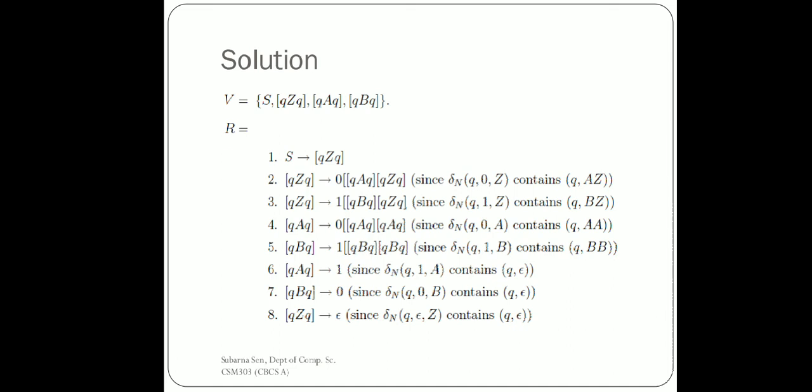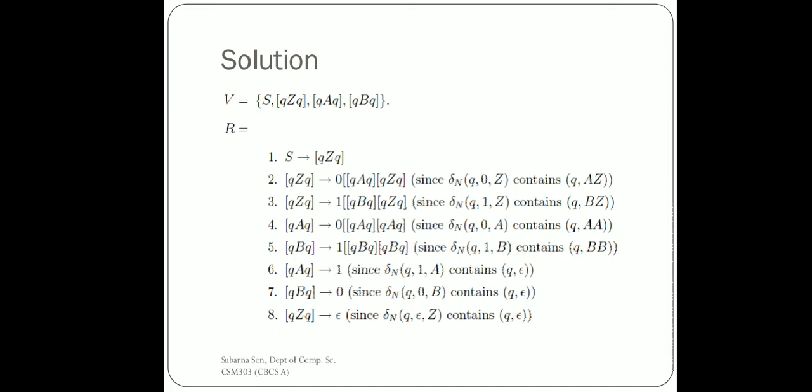So if 1 is encountered at A, it will just pop off. That's why the transition is Q comma epsilon. So it will generate 1. Again at B, it will generate 0, and at Z, if the string is totally empty, then the transition will be null only. This has been written very clearly here. So if you can generate these transition rules, you can generate the grammar as well.